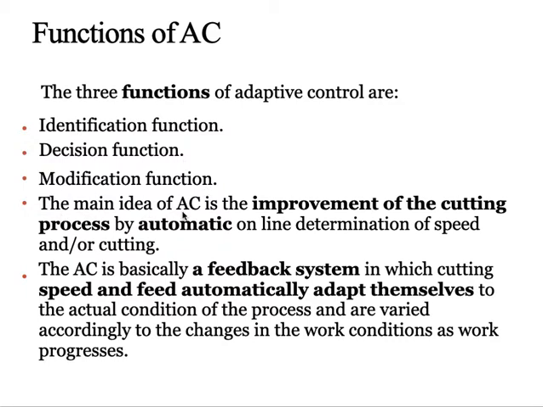The main idea of AC is the improvement of the cutting process by automatic online determination of cutting speed or feed. The AC is basically a feedback system in which cutting speed and feed automatically adapt themselves to the actual condition of the process and are varied according to the changes in the work condition as work progresses.